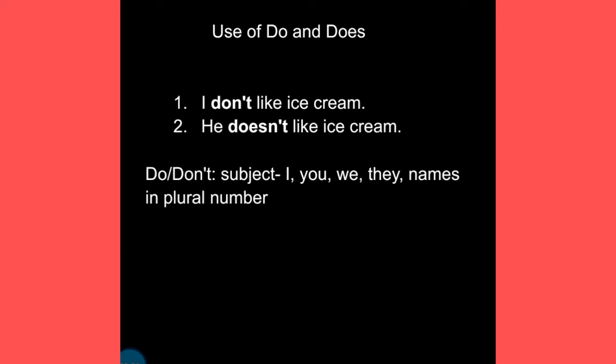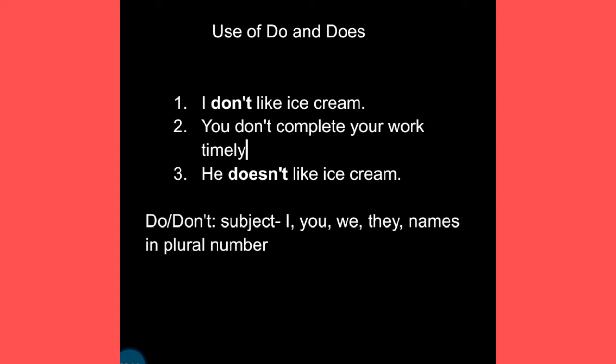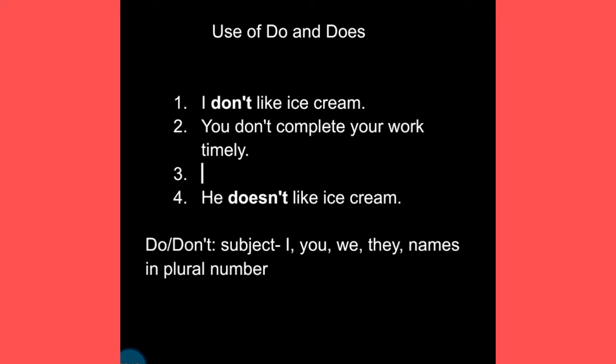For example, here I have already given one example of don't, that is do, which is being used with I. Here I could have used you: you don't complete your work timely. Because here the subject is you, again we have used do with you.